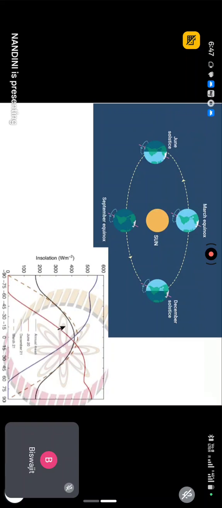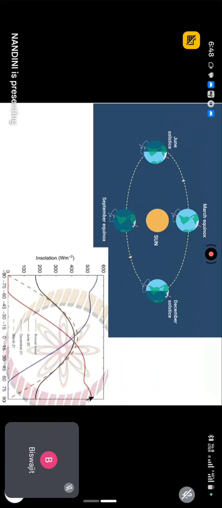On June 20th, the southern hemisphere, at minus 90 degrees south, has zero incoming solar radiation. As we go along the latitude, the insolation increases. The highest insolation is received at which latitude? The North Pole, right? So 90 degrees north receives the highest insolation on June 20th.